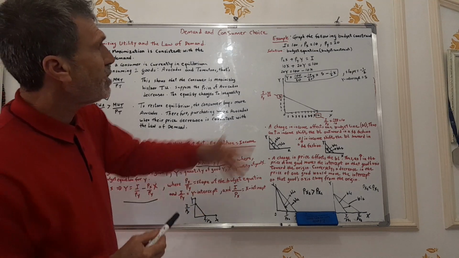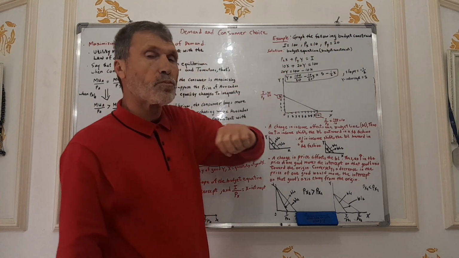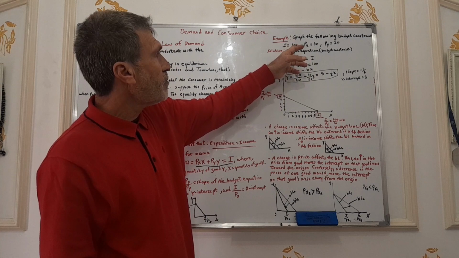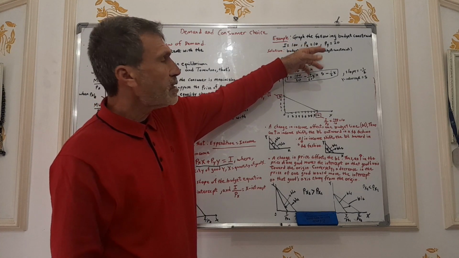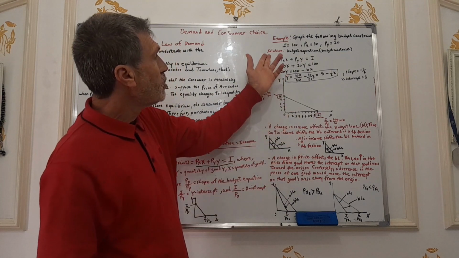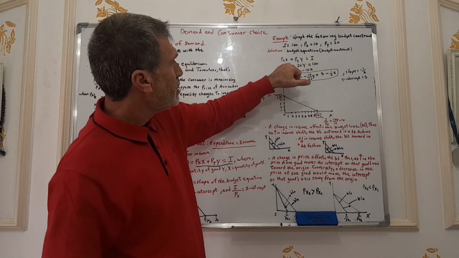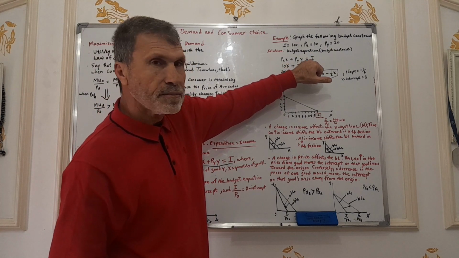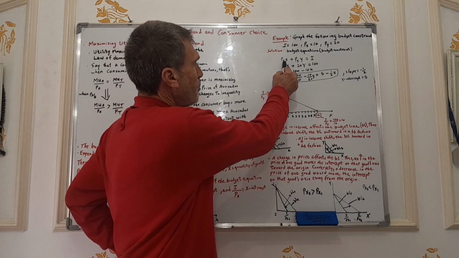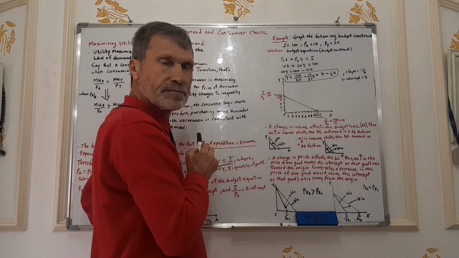Now, of course, an example: graph the following budget constraint or budget line, given income equal to 100, price of X equal to 10, price of Y equal to 20. Solution: the budget constraint is expenditure equal to income, so 10X plus 20Y equals 100.